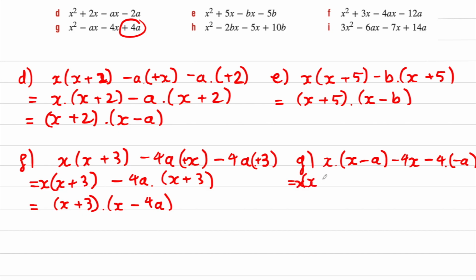For the first bracket, I will keep it unchanged, and minus 4 will be outside. I got x minus a in the second bracket, and then I can see that x minus a will be the same. x minus 4 will be this one, so this will be my answer for this one.